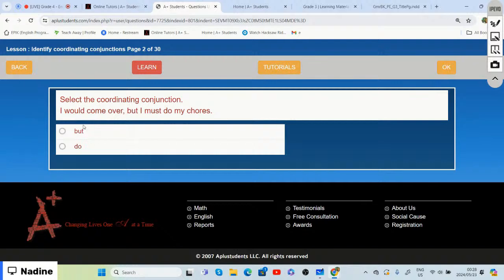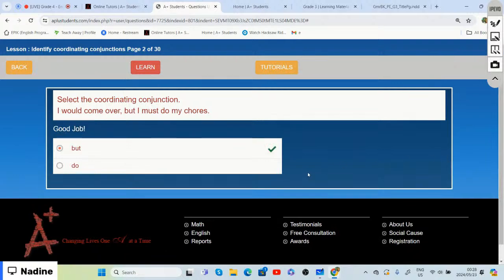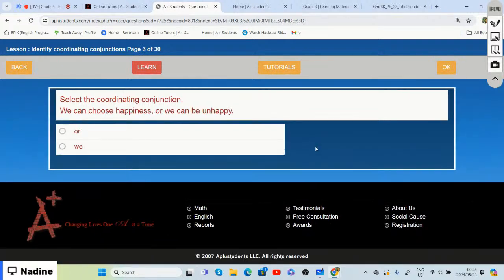And if we were to select our coordinating conjunction, we would say it is but. Well done. But is correct. Shows contrast, shows a difference.